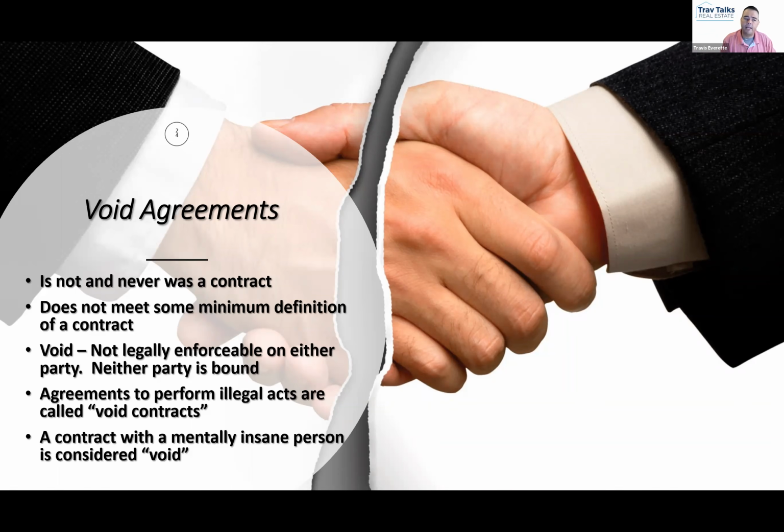On the test, you might see something that says, Claudia has signed a 2-year lease on a property located in an area zoned exclusively for residential use. And the lease promises that she can use the property as a dance studio. Folks, that's an example of a void contract.